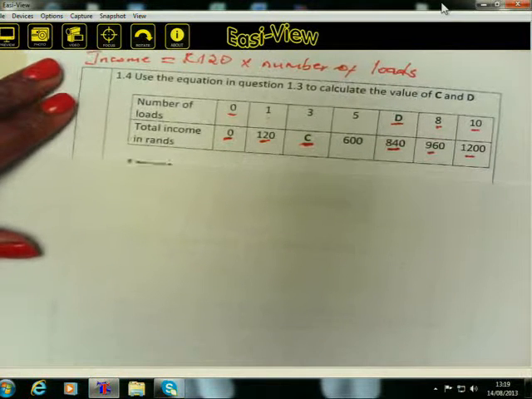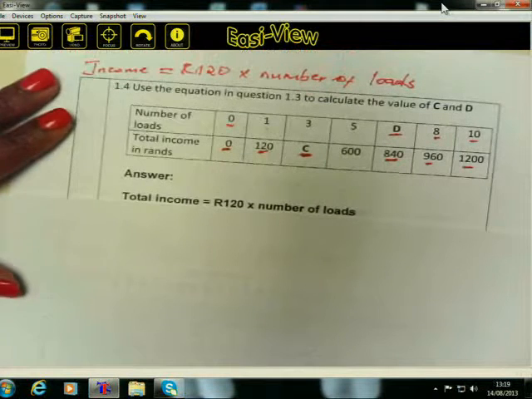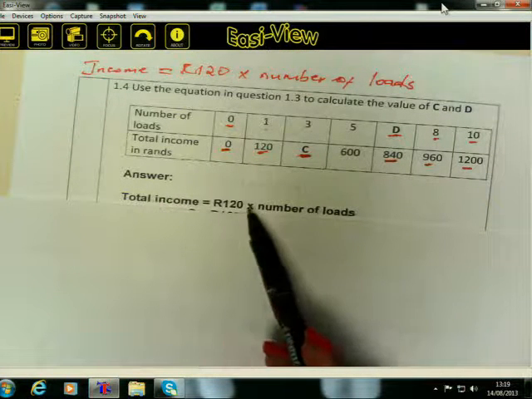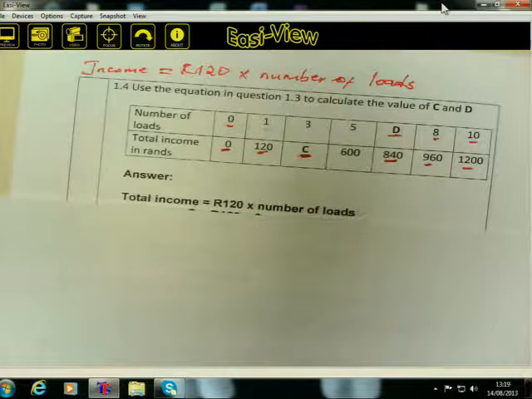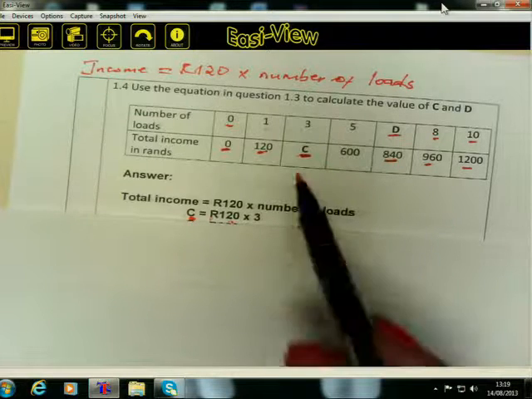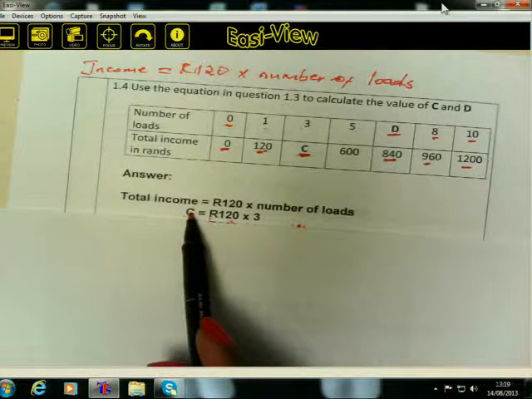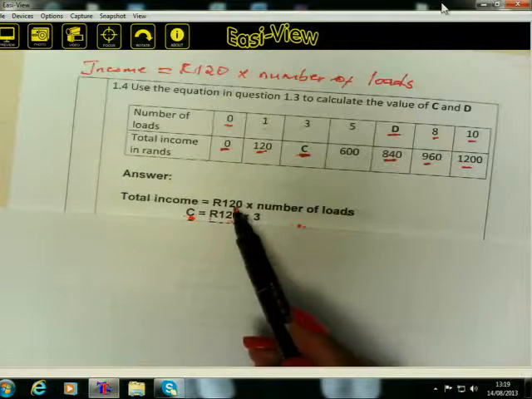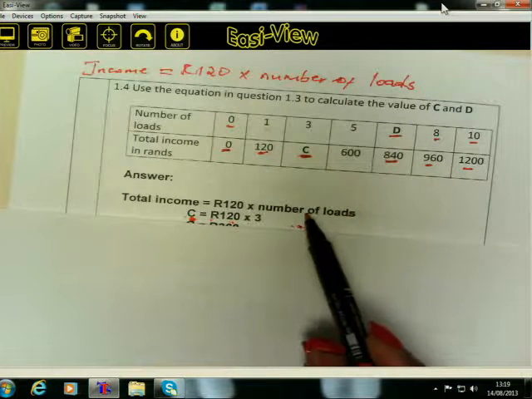If you look in the table, the value of C is the total income. So the formula is total income is equal to 120 multiplied by number of loads. Remember we said C is the total income, meaning on the total income we substitute C, because C is the total income that we are supposed to calculate. Now we have 120, which is already in the formula, and then we multiply by number of loads.